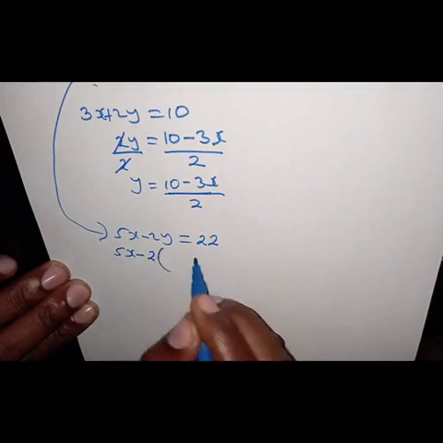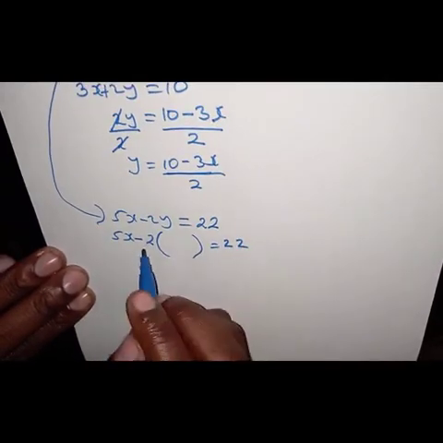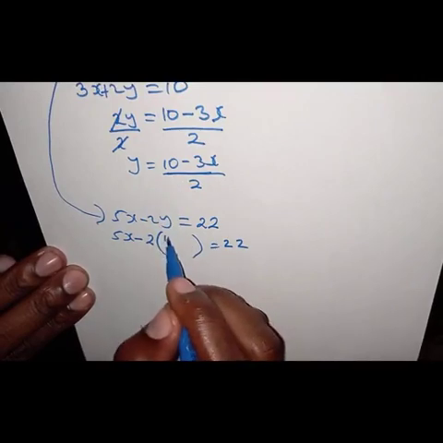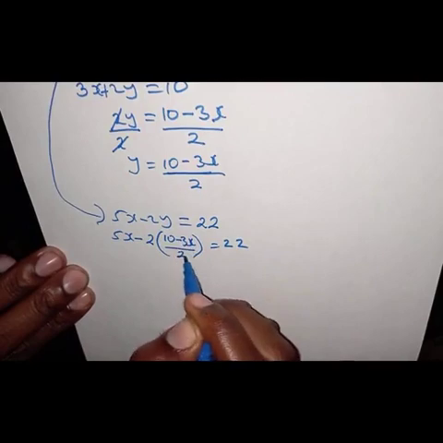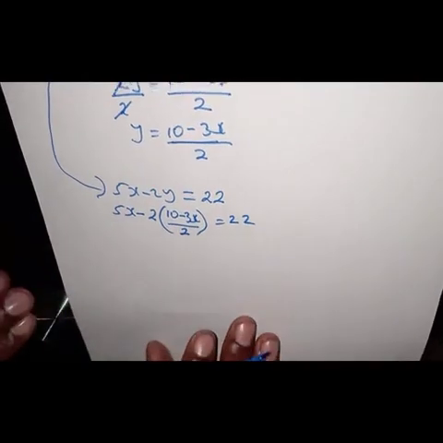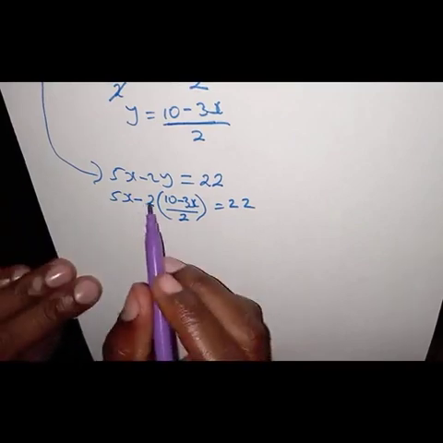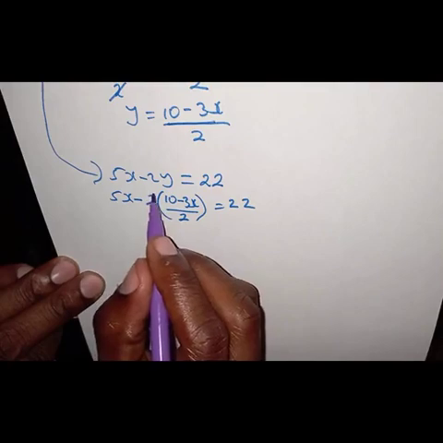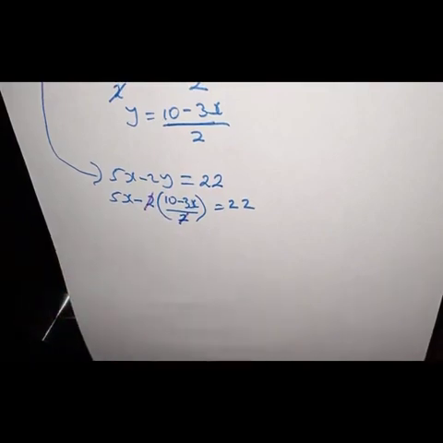You see, y is here. Here we have 22. So where there is y, we'll put 10 minus 3x over 2. You see that? So now, you are aware here that this is 2 times that. So here you can simply cancel that one because they go.